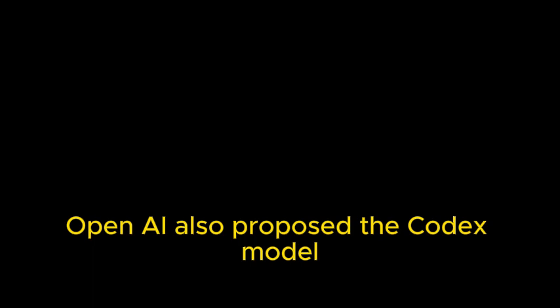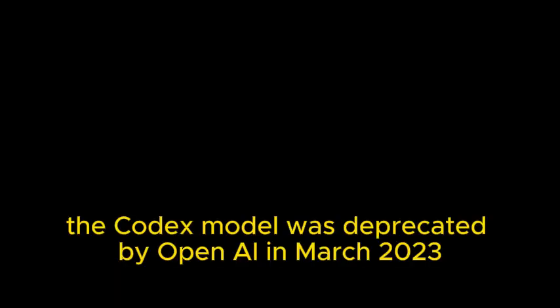OpenAI also proposed the Codex model, a GPT-3 model that is fine-tuned on billions of lines of code and that powers the GitHub Copilot auto-completion programming tool to assist developers of many text editors including Visual Studio Code, JetBrains, and even NeoVim. However, the Codex model was deprecated by OpenAI in March 2023.